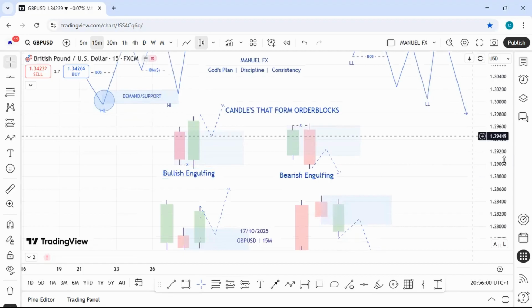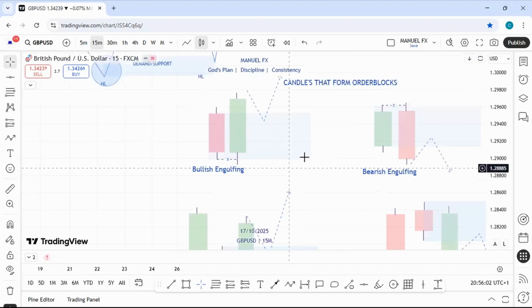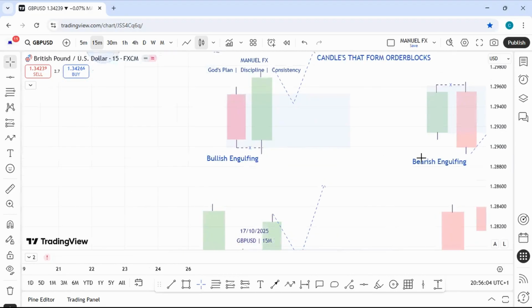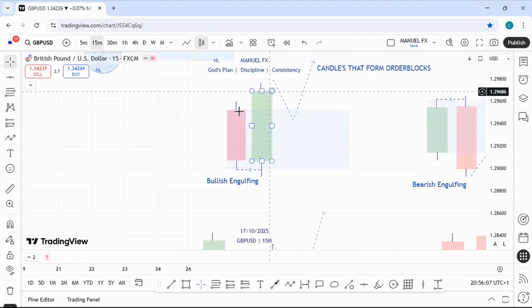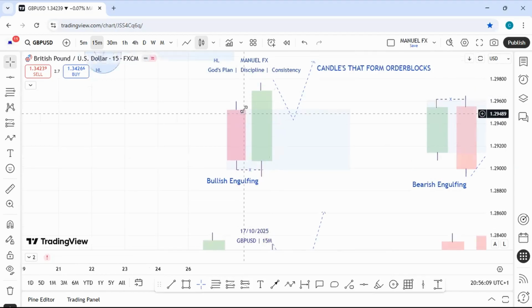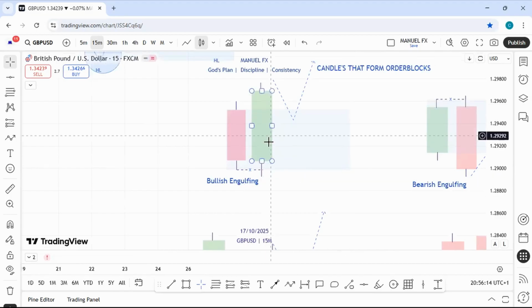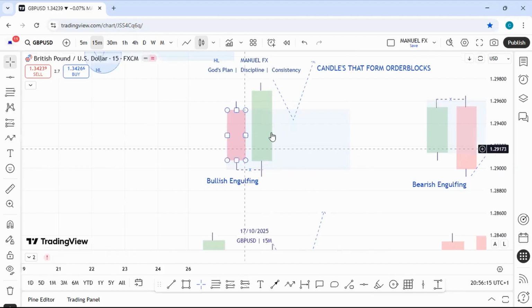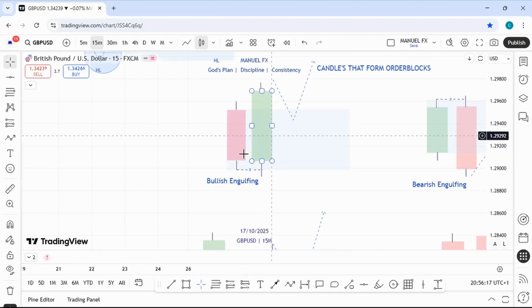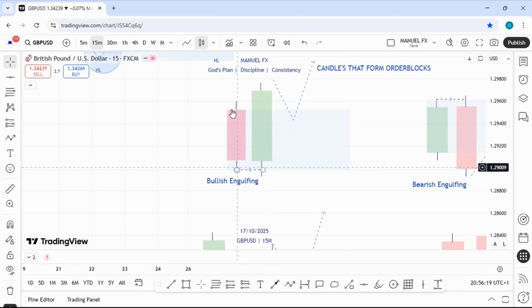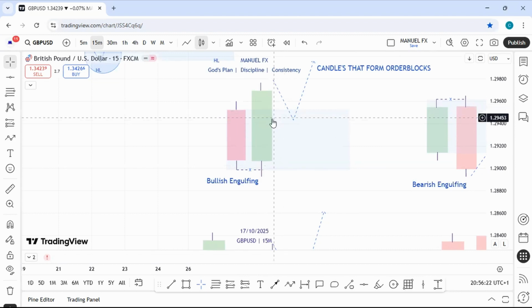Now, for you to confirm that it is bullish engulfing, this candle that engulfed this other candle must do what? The wick of the mother candle must sweep the wick of the baby candle.